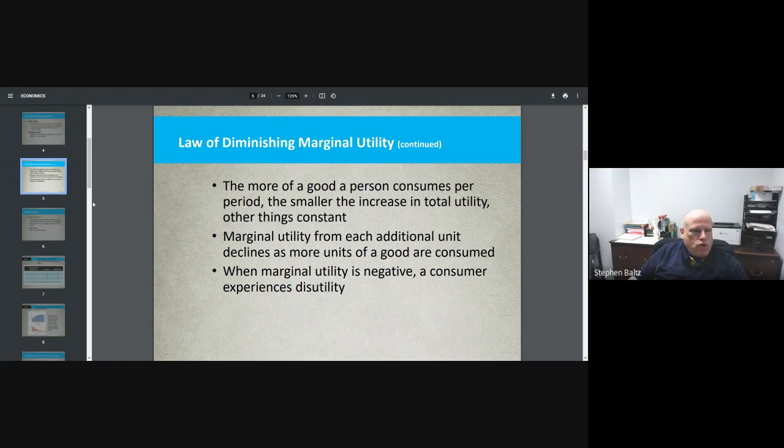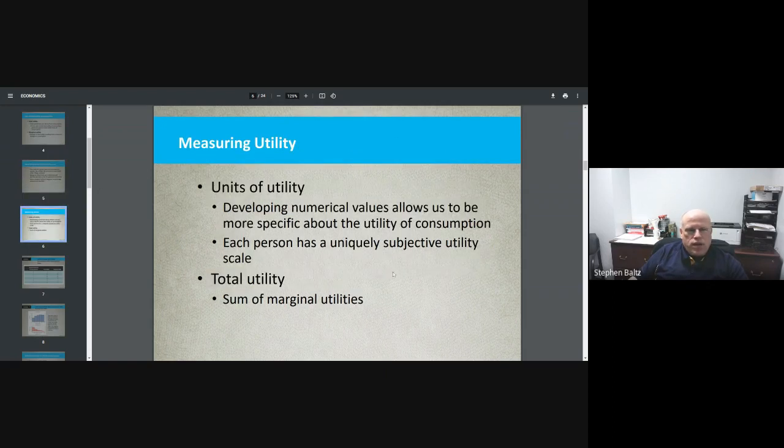So let's move on here. Again, measuring utility. Utility is just the numerical value that we place on the satisfaction that we're getting from consumption of a particular good. And it's very subjective because, for example, my utility for a particular good is going to be different from yours.